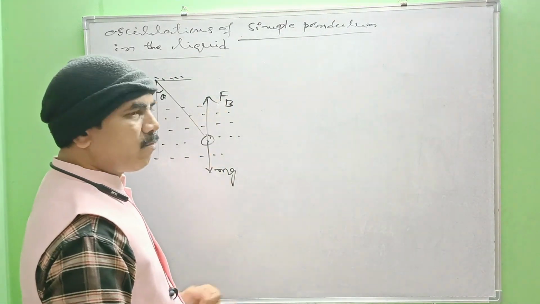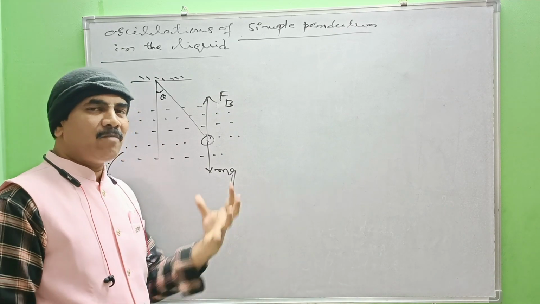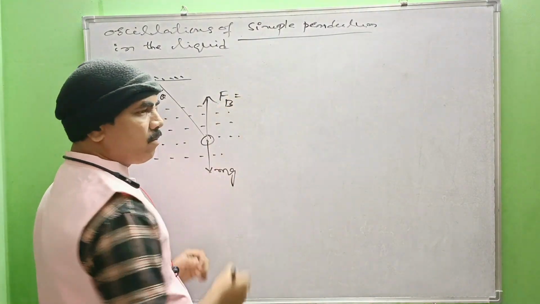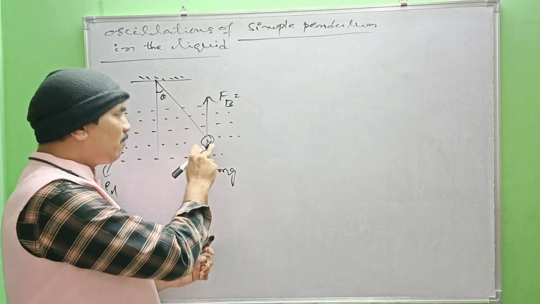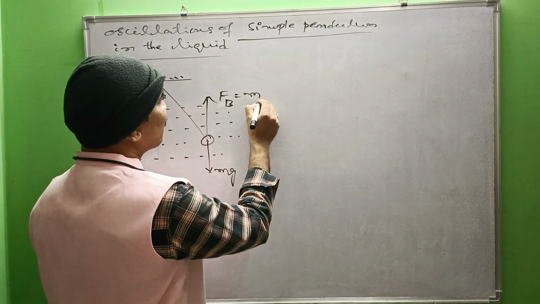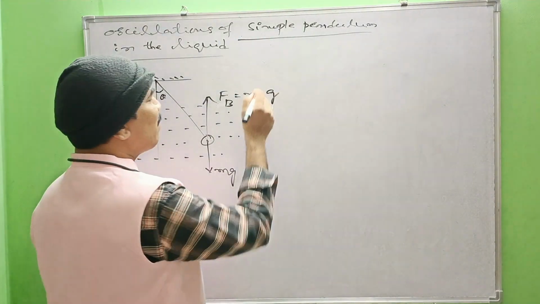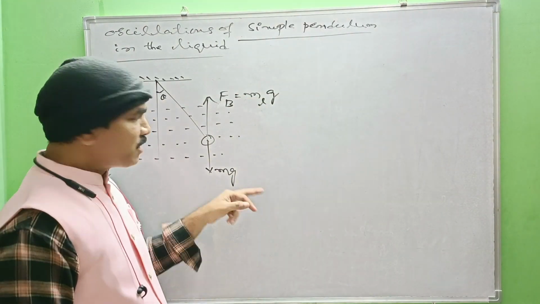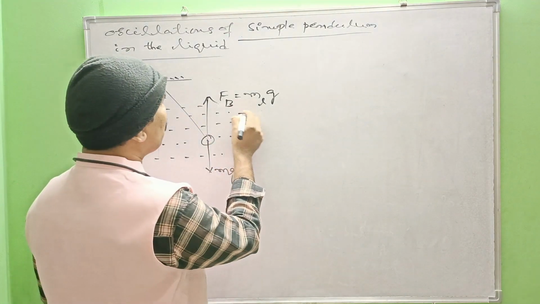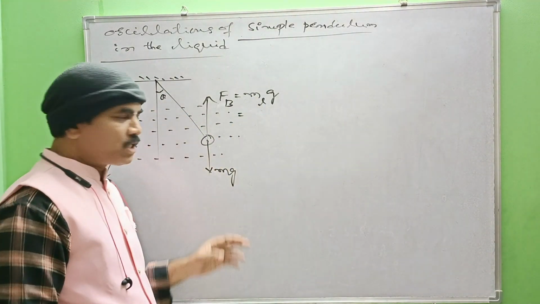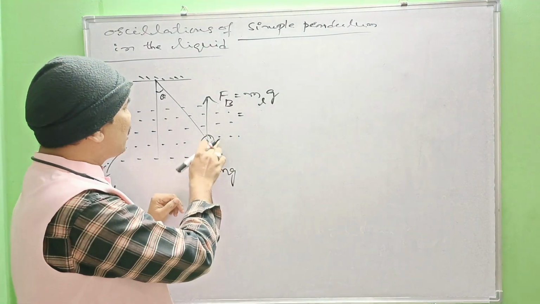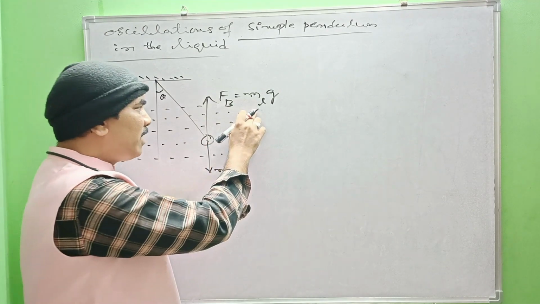Force of buoyancy is numerically equal to the weight of the liquid displaced by the bob, that is the mass of the liquid displaced into g. Here ml means the mass of the liquid displaced by the bob, not the entire liquid.